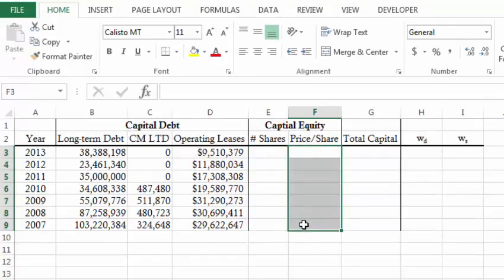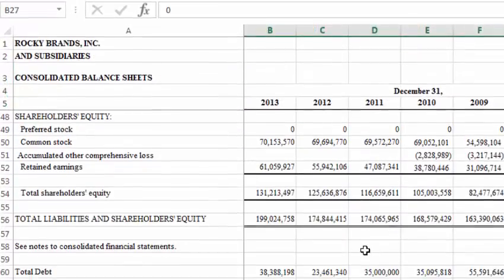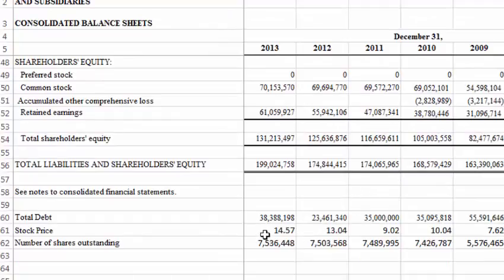So let's look at the number of shares and then the price per share. And again, I've already collected this information because I did it when I did my ratio analysis. And I put it along the bottom of my balance sheet. So let's go back to the historical balance sheet. Scroll down. And I have the price of the stock and the number of shares outstanding. Oh, I wish I'd have done those the other way around. Oh well.